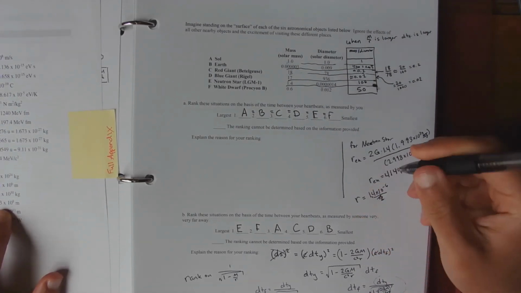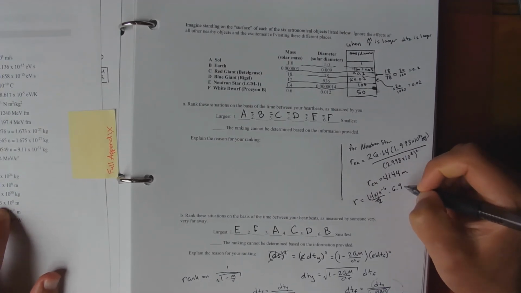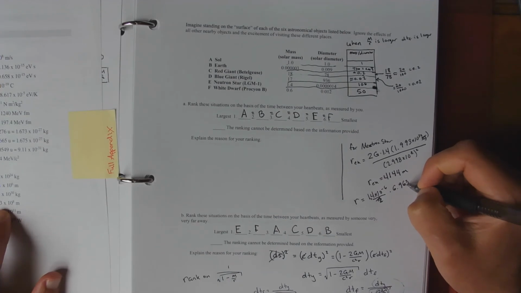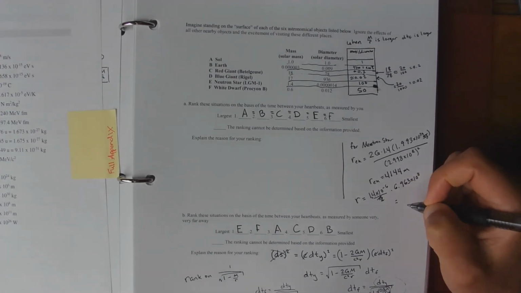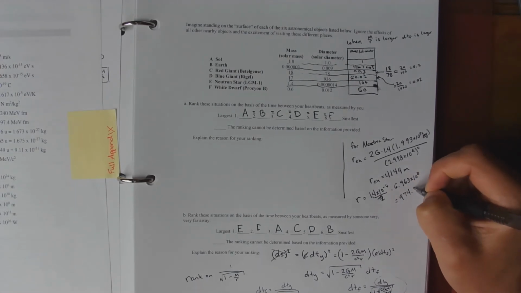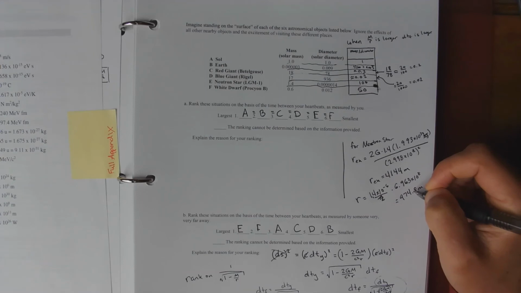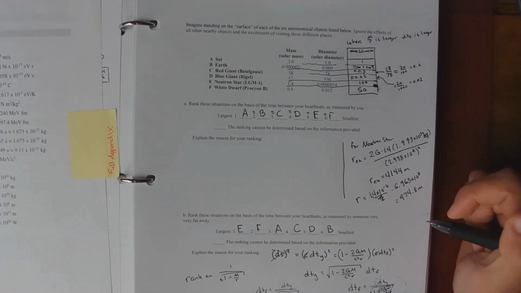Instead of multiplying by the solar diameter, we will multiply by the solar radius. So this is 6.963 times 10 to the 8th, and that gives me 974.8 meters. Since R is less than the event horizon, you are inside the event horizon and you have lost contact with the rest of the world.